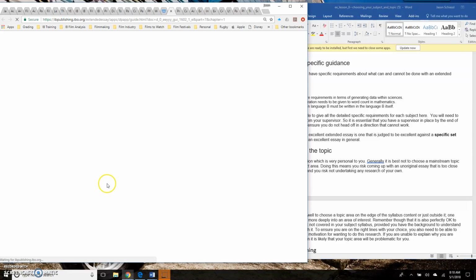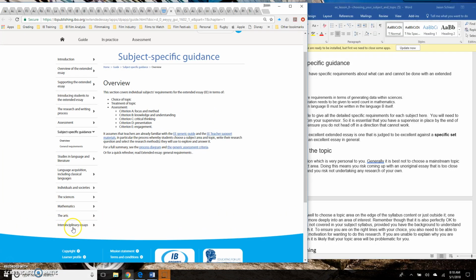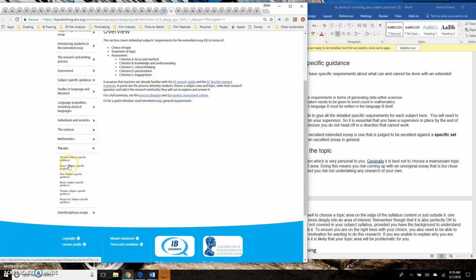If I click on this, it definitely goes over the assessment criteria and all that kind of stuff. But you'll see here that we have interdisciplinary essays, the arts, math, sciences, society, language acquisition, language and literature. If you click on one of those, now all of a sudden you're going to see subject-specific guidance, whether it's theater, music, film, visual arts, etc.